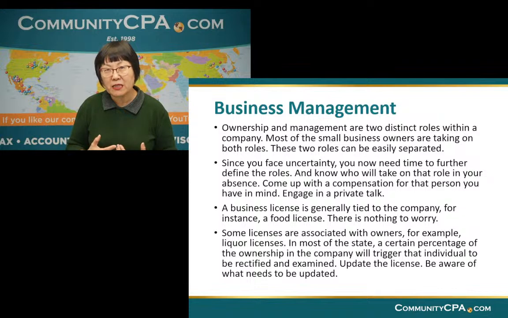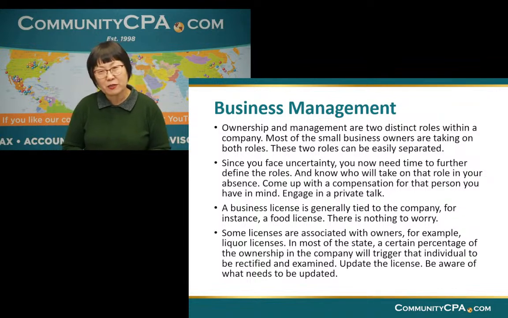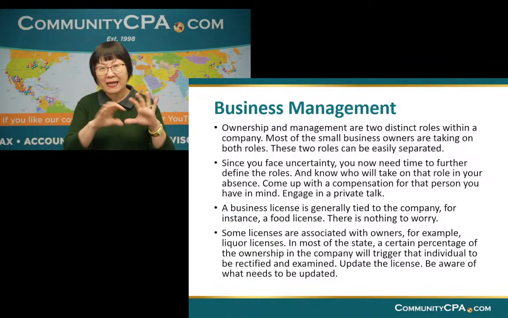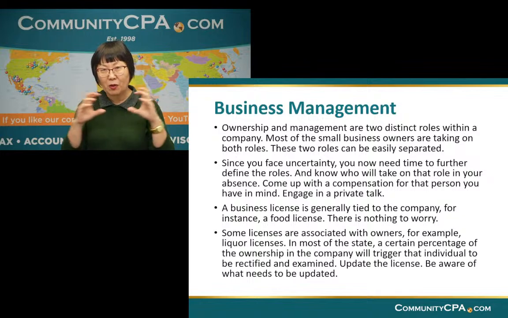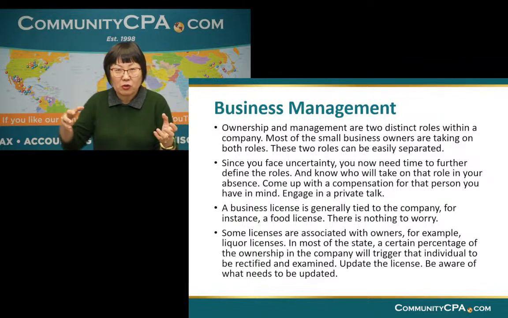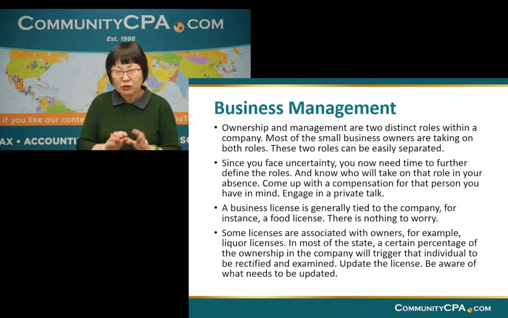What you also need to know is whether your business has a license. Not all businesses require a license, but a lot of them do. Normally, the license is tied to the business. So as long as you are still the business owner, and business ownership did not totally change person, you keep the EIN number and everything. That should not be a worry.